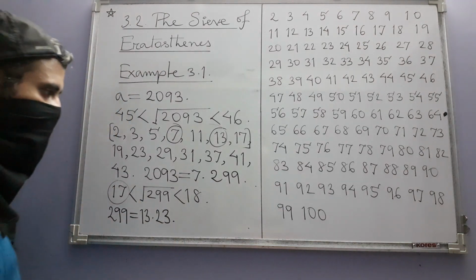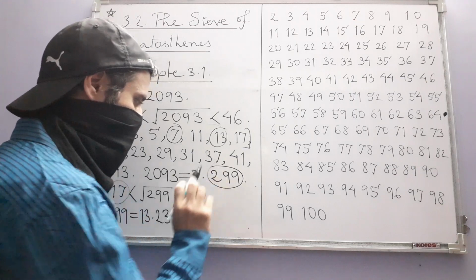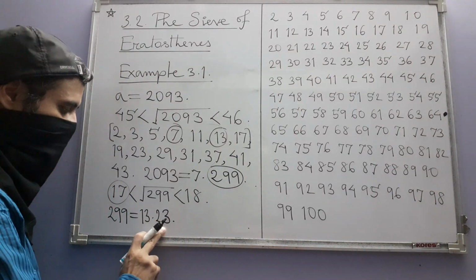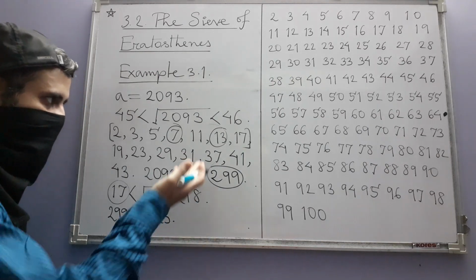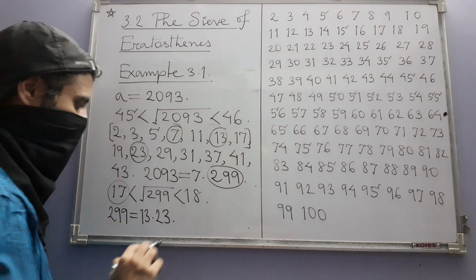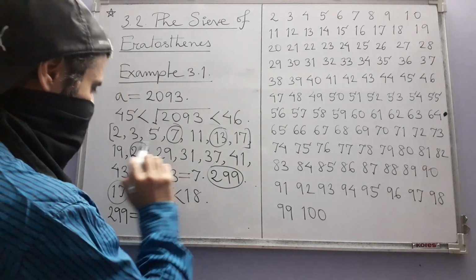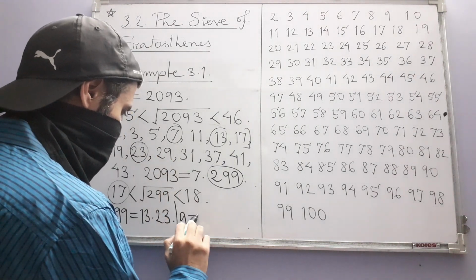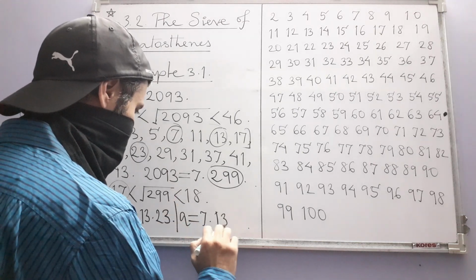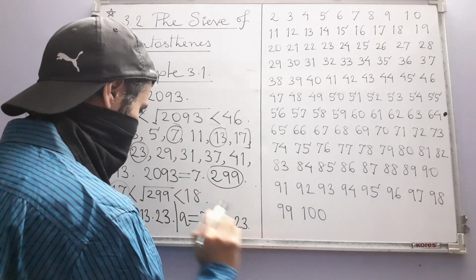So that's how we see that 299 is not a prime actually, but it's a product of 13 and 23. 13 we already know it's a prime, but 23 also turns out to be a prime. So the canonical factorization of our given integer is 7 times 13 times 23.